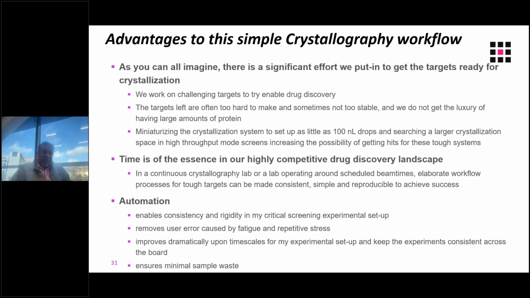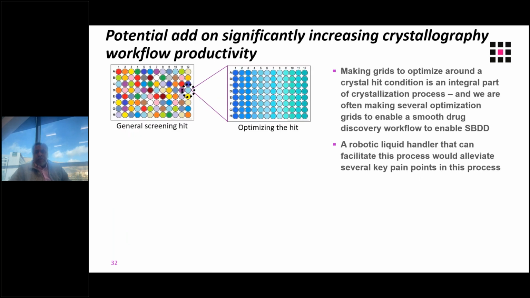It improves the timescales for experimental setup, and it keeps it consistent across the board. And more importantly, it also minimizes sample waste, especially as I'm sure that most of you have handled proteins at as low as 50 microliters that you want to set up to try to get hits.